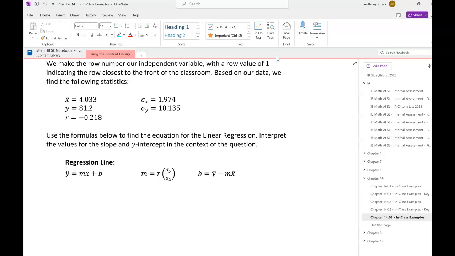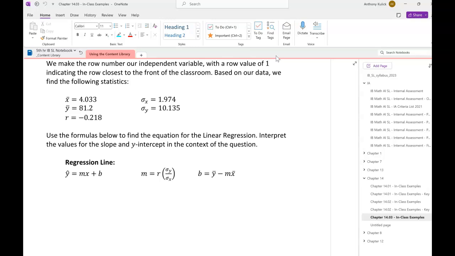Diego, read your equation again. y hat equals negative 1.12 x plus 85.7. Which is correct. And then what does the y-intercept mean? The highest grade on the test was 85.